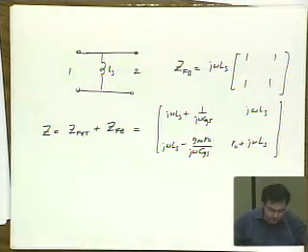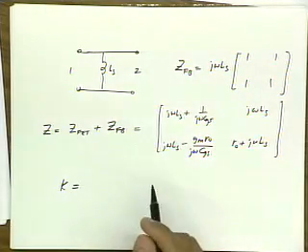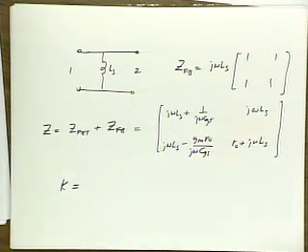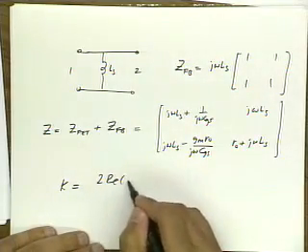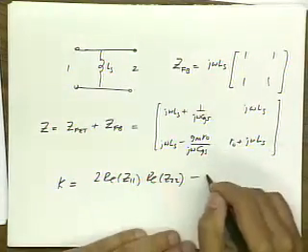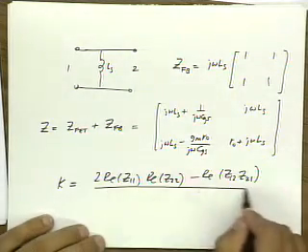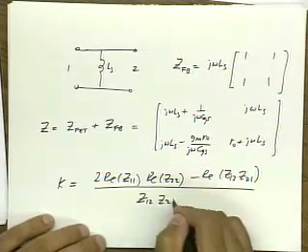So in particular, if we take the definition of K and we plug in, you see if I have the K written down here, so K is 2 times the real part of Z11, real part of Z22, minus the real part of Z12, Z21, divided by the magnitude of Z12, Z21.